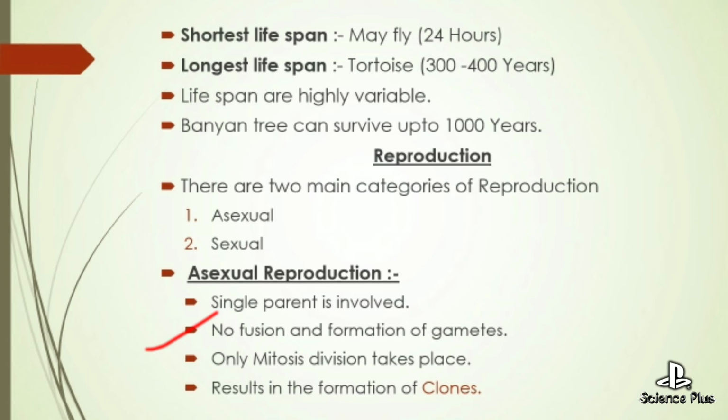In asexual reproduction, only mitosis cell division takes place. And we all know very well that the completion of mitosis division leads to the formation of two identical cells. So in asexual reproduction, we get two genetically and morphologically identical offspring. These offspring are called clones.